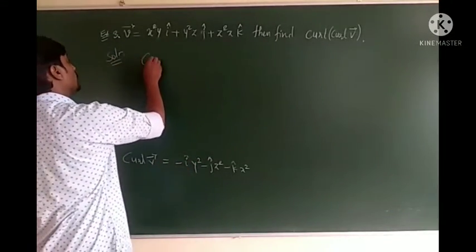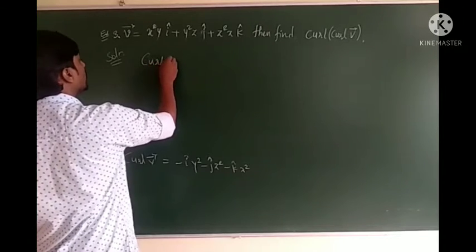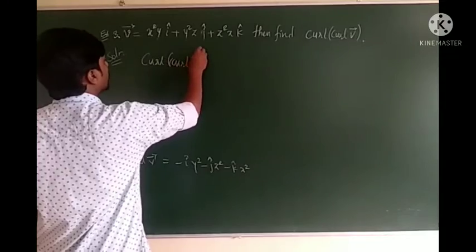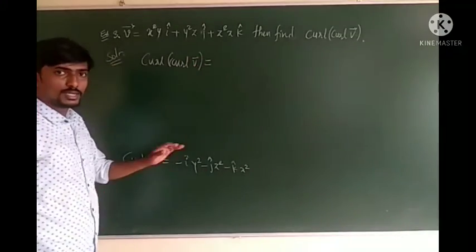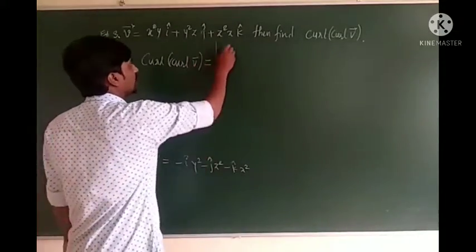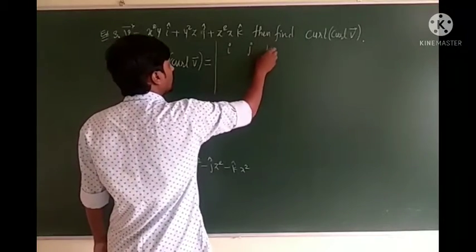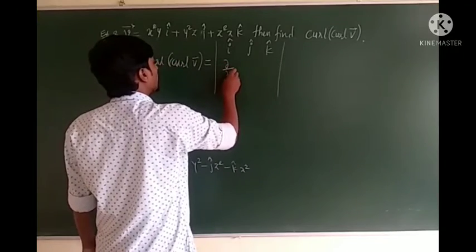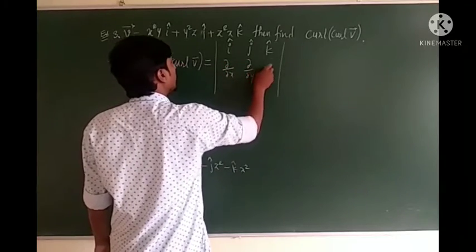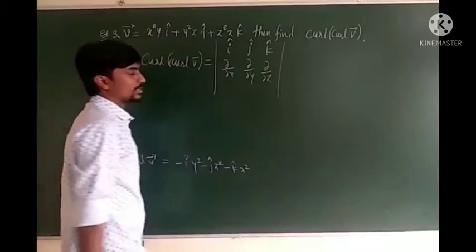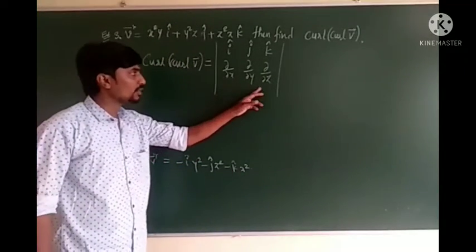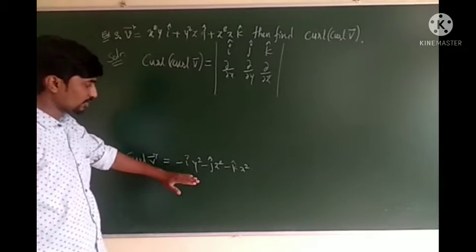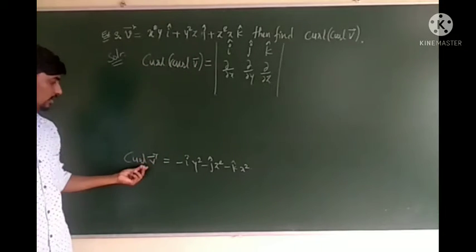So we take the curl of the vector curl v. A similar operation is done here: i, j, k, then ∂/∂x, ∂/∂y, ∂/∂z. Now f1, f2, f3 are the values obtained by the curl of v.